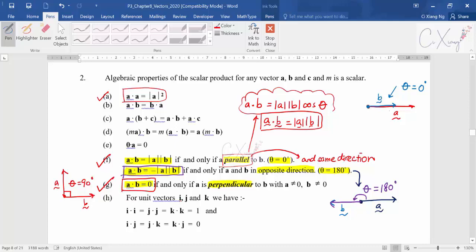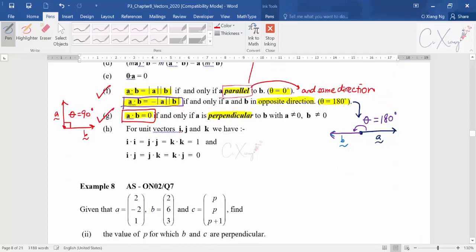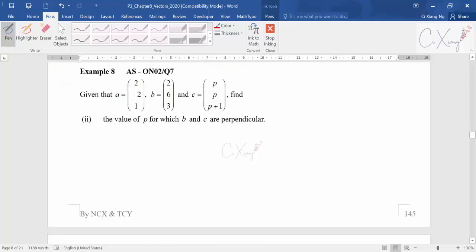Okay, so we can now discuss some examples on all these results. Let's have a look at example 8. They give you three vectors here, vector A, vector B, and also C. They want you to find the value of P for which B and C are perpendicular.